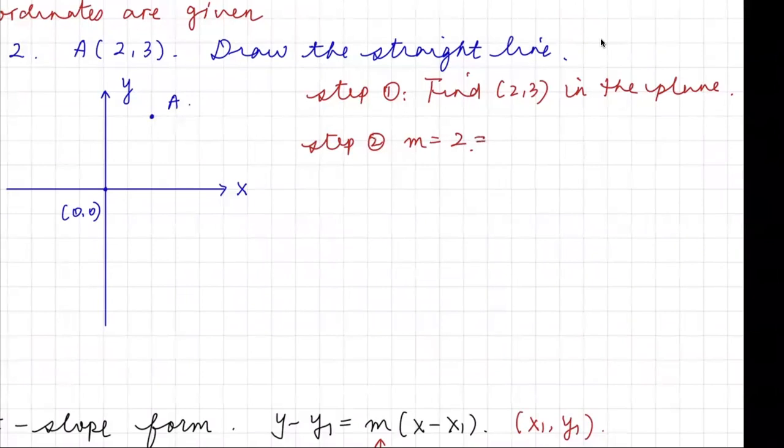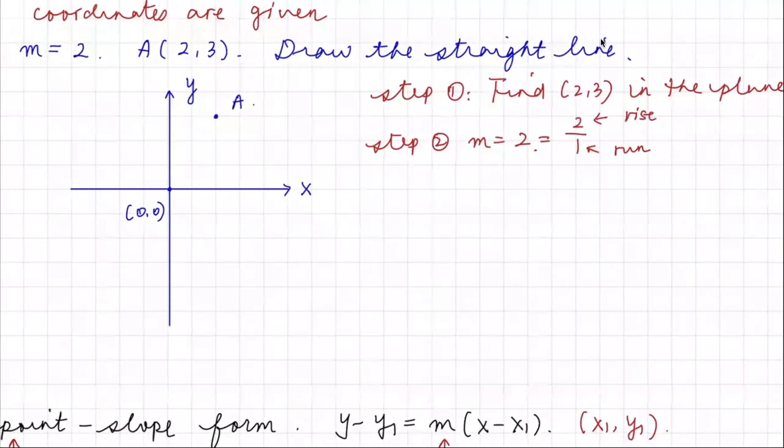We need to write this 2 as 2 over 1. In this form, we know the rise is equal to 2 and the run is equal to 1.